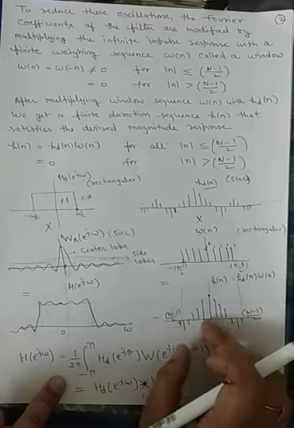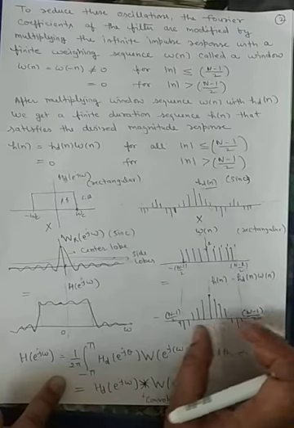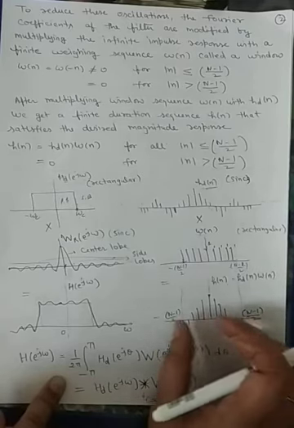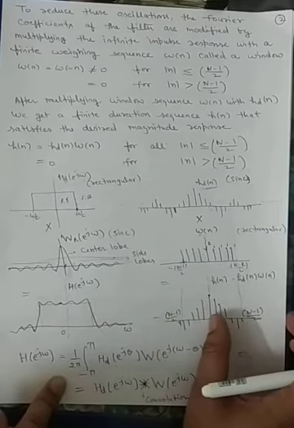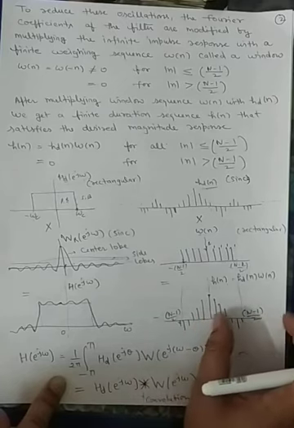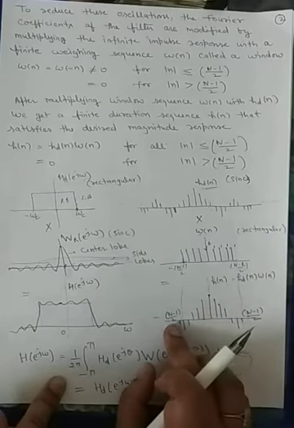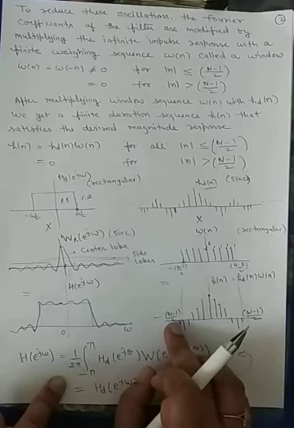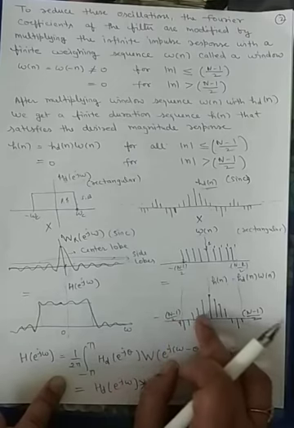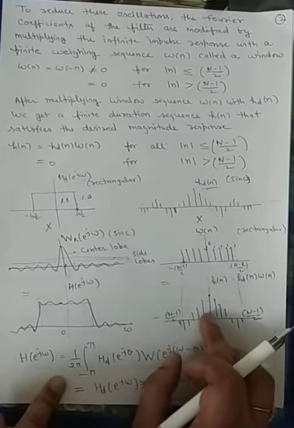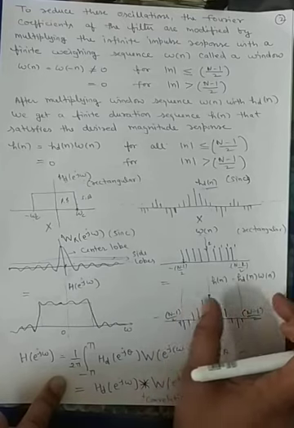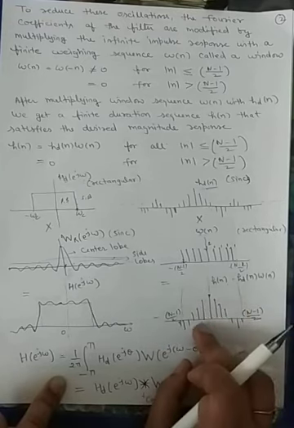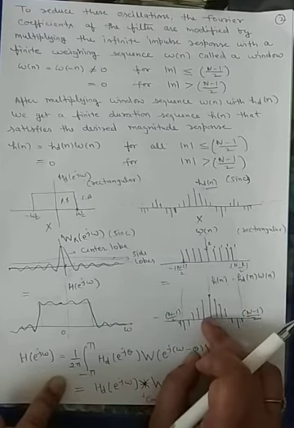So, in order to get a realizable filter, we make a delay of that number of samples so that the overall signal will be shifted, meaning the first sample, which is at minus (N minus 1)/2, should now be at n equal to 0.